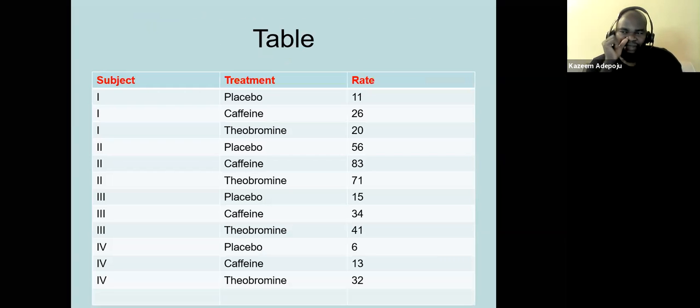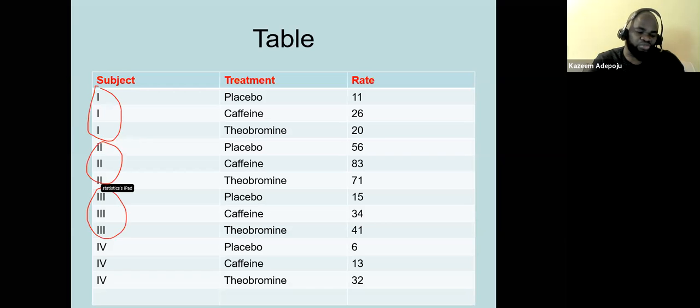Now I'm going to walk you through an example. Take a look at this table right here. The subjects are categorized into 4 groups: these are subjects in group 1, group 2, group 3, and group 4.